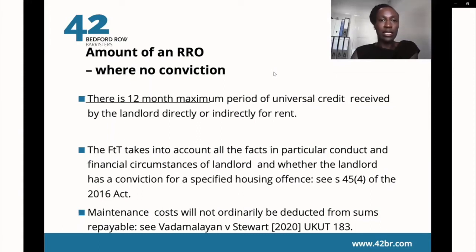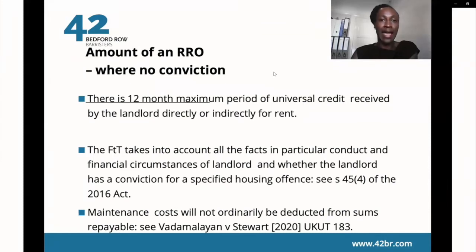One last thing to consider from the decision in Lederman is that payments towards the financial penalty would not justify further reductions in the rent repayment award.